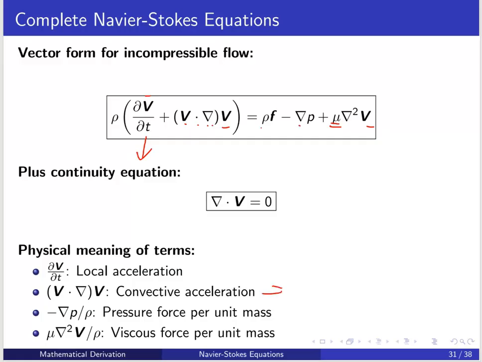Dividing by ρ, f is the body force per unit mass, ∇p/ρ is the pressure force per unit mass, and μ∇²v/ρ is the viscous force per unit mass. This is the physical meaning of all these terms.